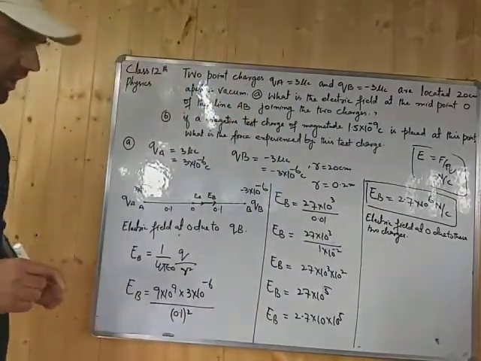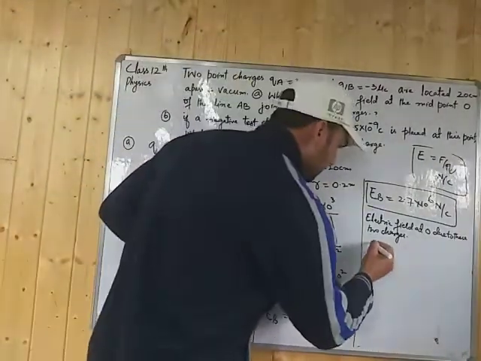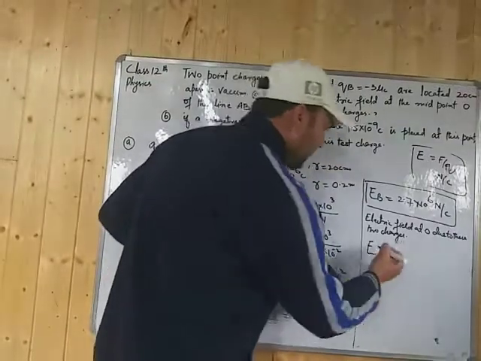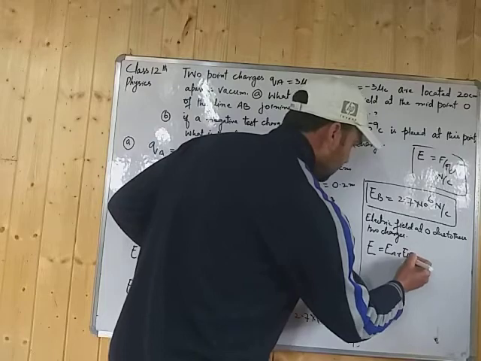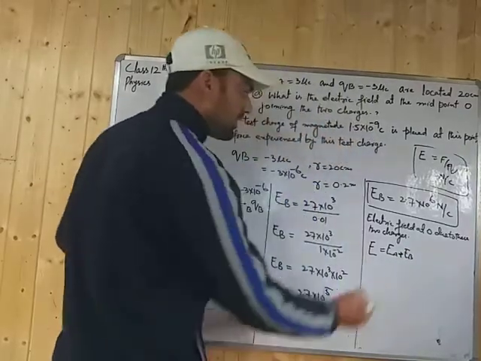We'll represent it as E is equal to EA plus EB.